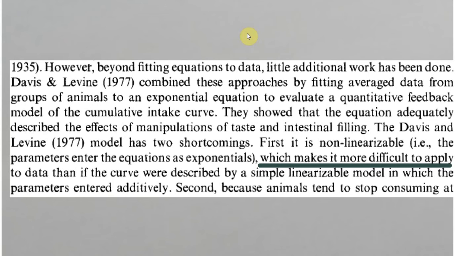And that's the problem in using a curve fitting approach only and not allowing modeling to advance. Here you see that the reasoning Kiselov has for not using the Davis and Levine model is that it's nonlinear and difficult to apply. This might have been true in 1977, but not true today, where we can build apps, and we do build apps so that we can deliver these predictions clinically.